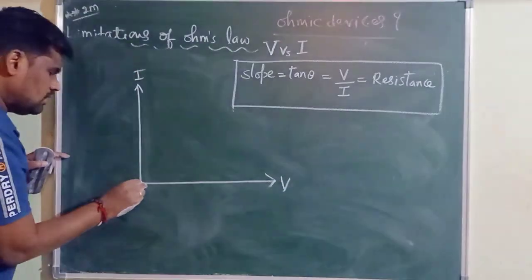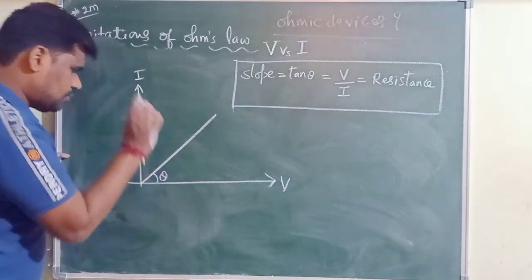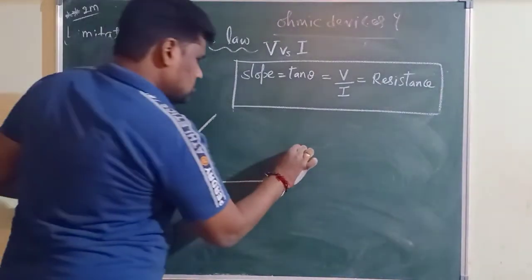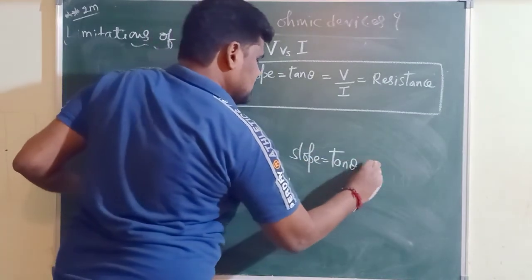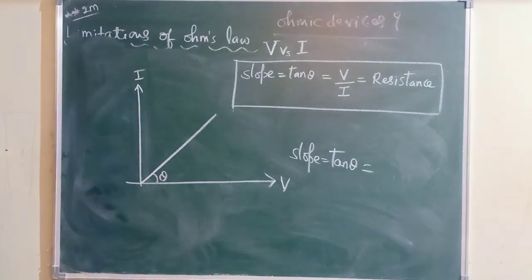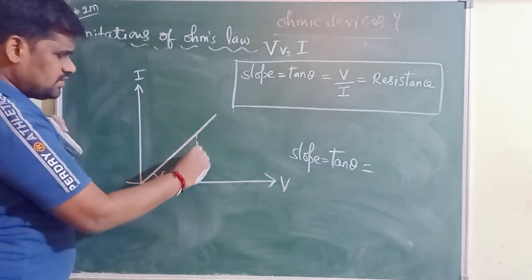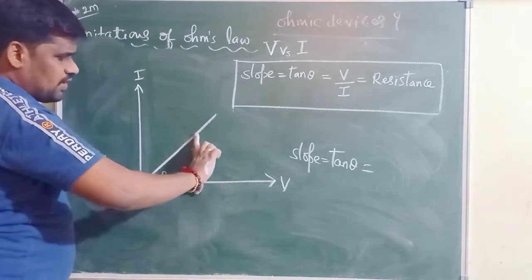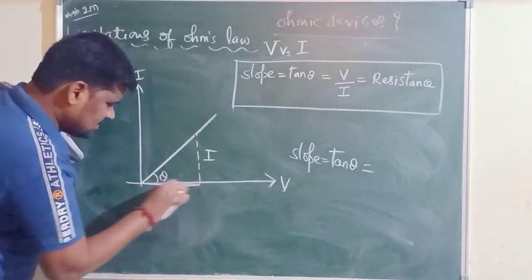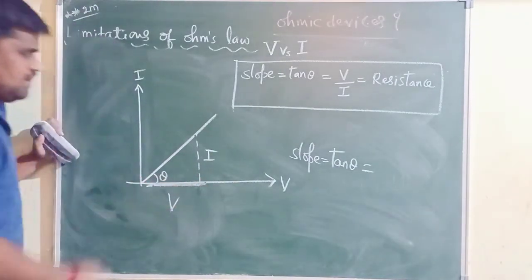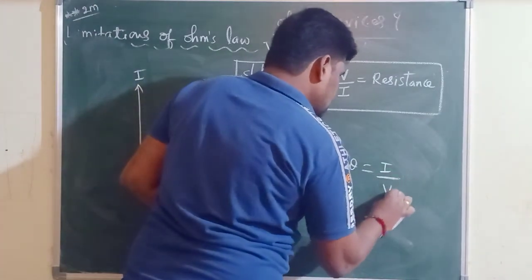Once again, for an ohmic device, this graph is linear. Once again I will find the slope. Slope equals tan theta, opposite side divided by adjacent side. The opposite side is the y-axis, that is I. The adjacent side is V. In this case, slope equals tan theta, which is I by V.